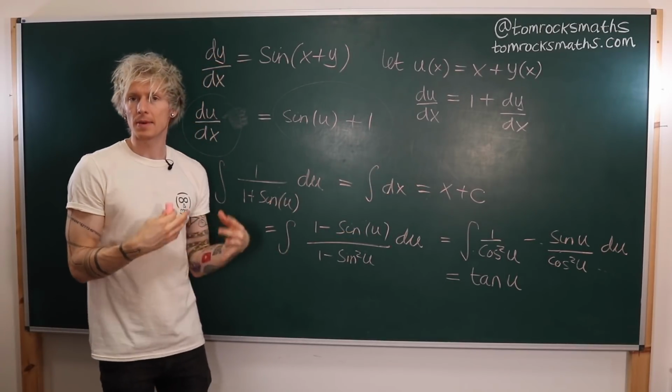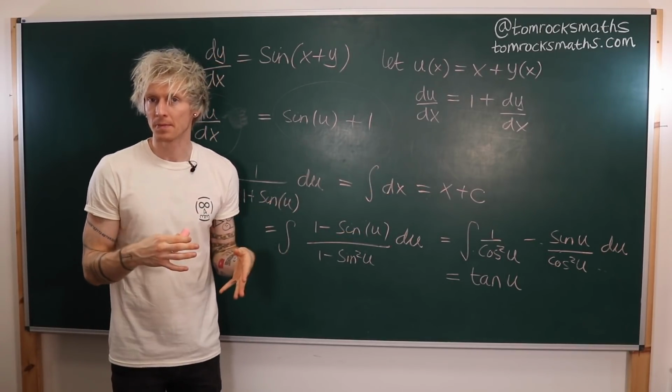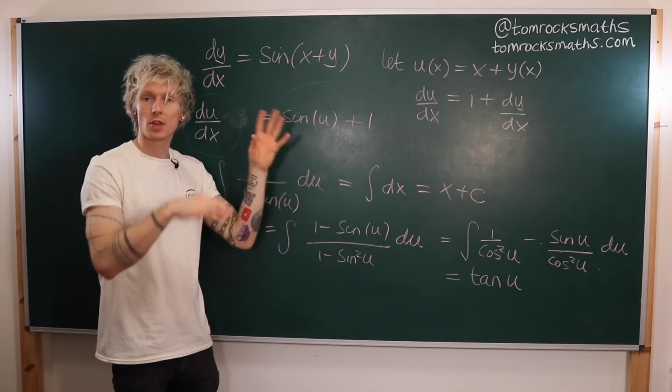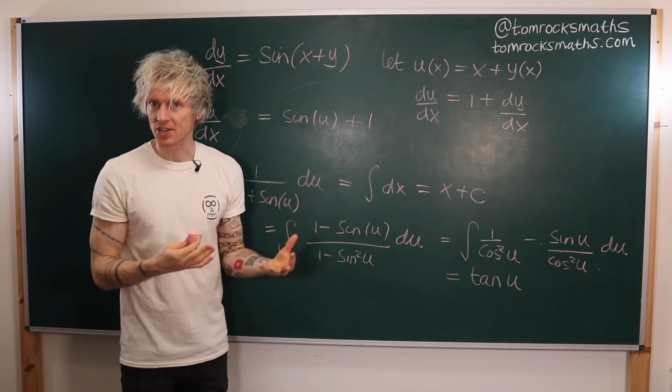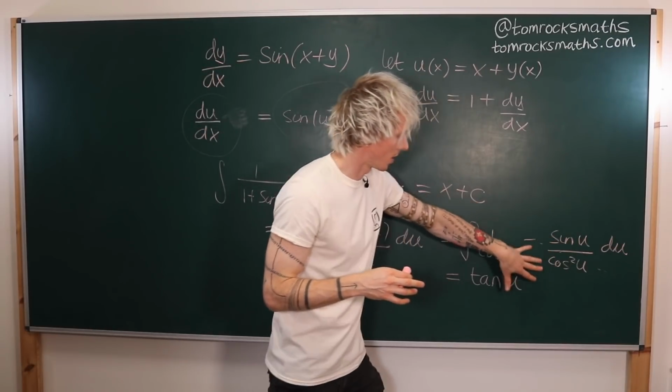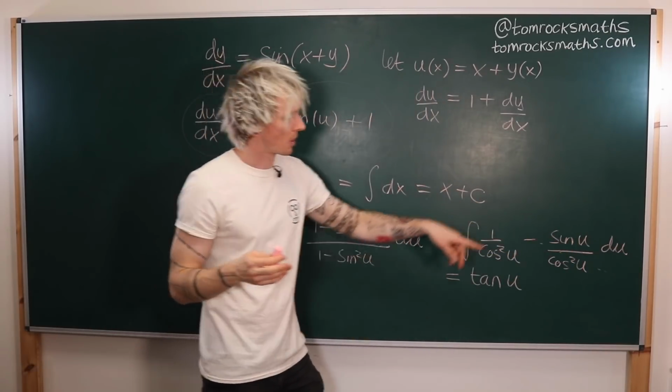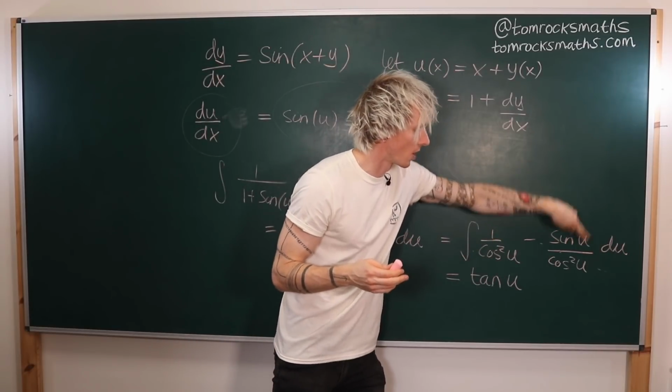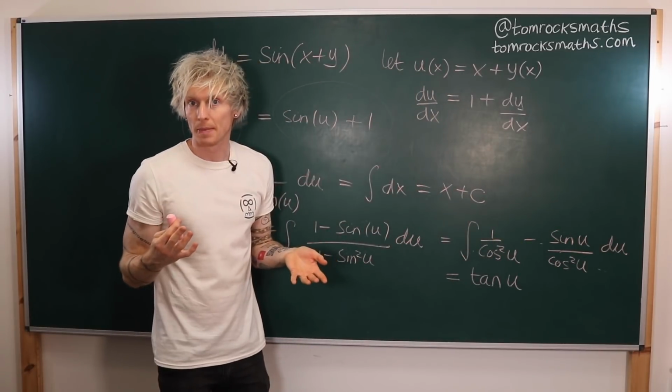It's kind of similar to what we did in the first example, but instead of it being the log of something having been differentiated, what we've got here is a power of some function on the bottom, but on the top we've got the derivative of the function on the bottom.